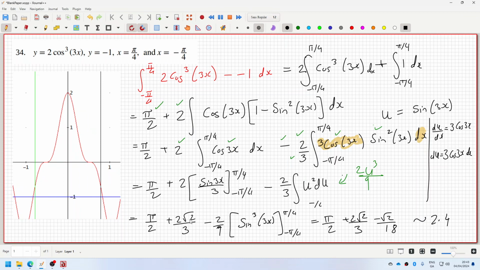Let me check that last one again. Sine 3x. No, that's root 2 over 18.